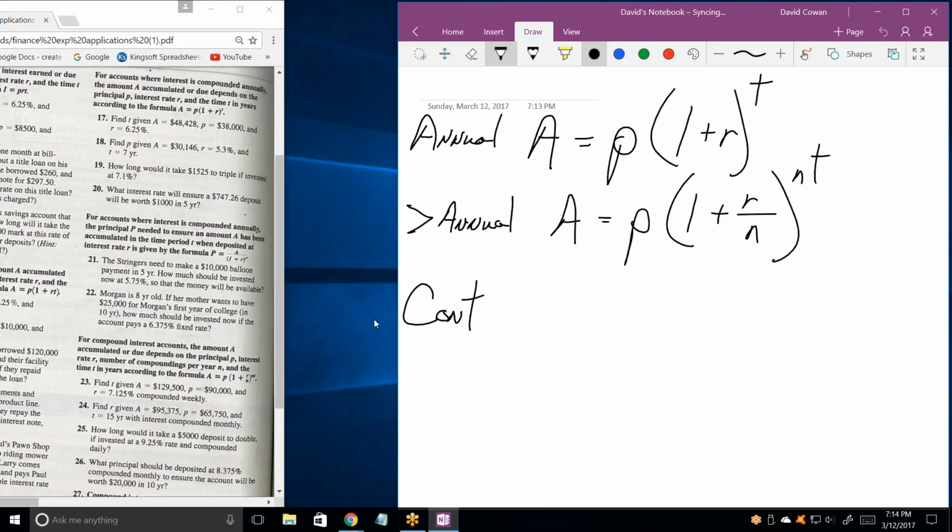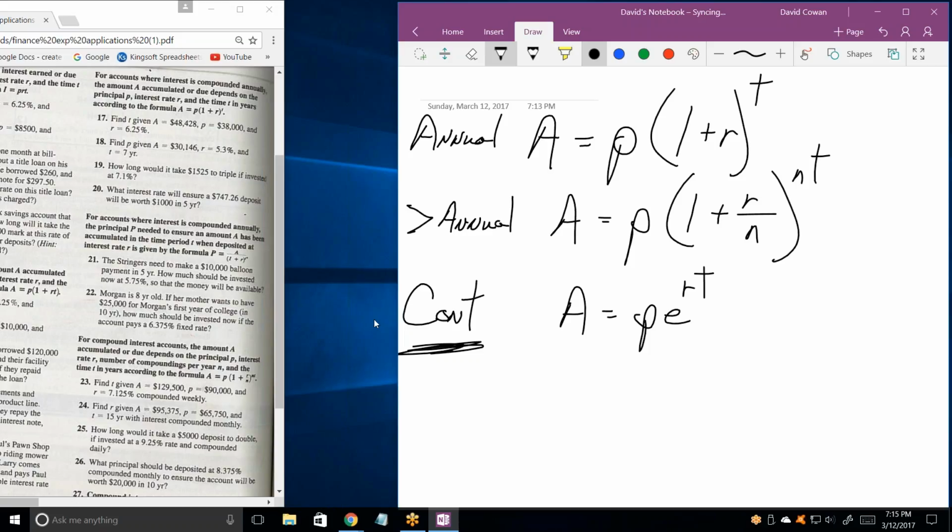And this is really the real one. By that, I mean nature, everything is continuous. Whether you're dealing with growth, as in bacteria in a petri dish would grow continuously, or if you're dealing with decay, like uranium-238.